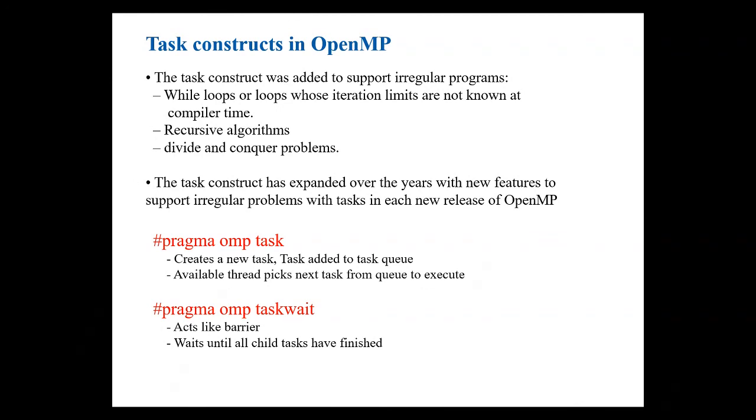To make sure all your tasks have been completed, you can have some control. The other one is called taskwait. This acts as a barrier, like the OpenMP barrier. You can let all the tasks wait until all are finished, and then move to the next step.